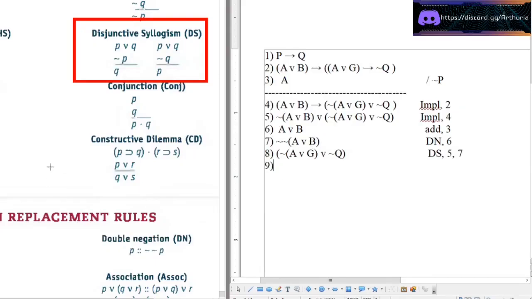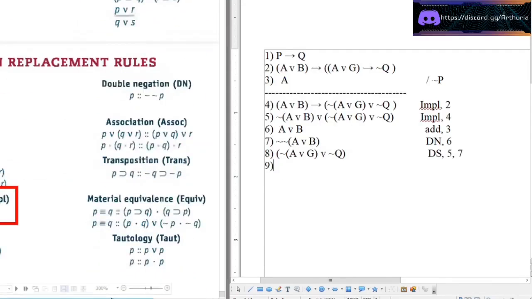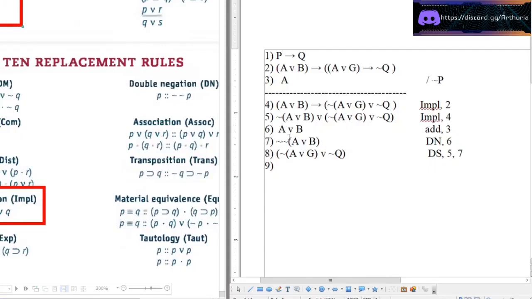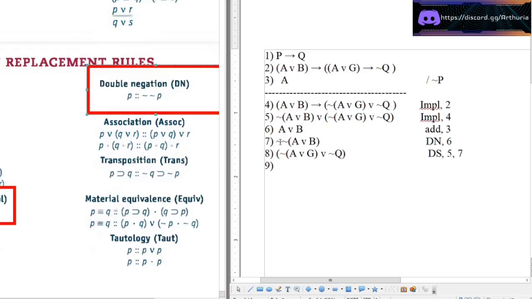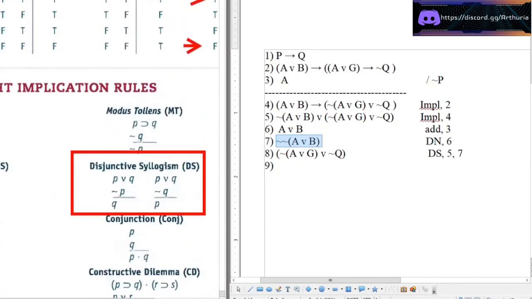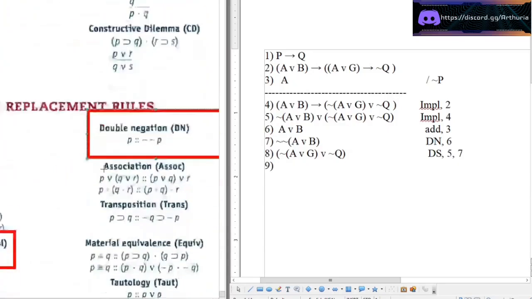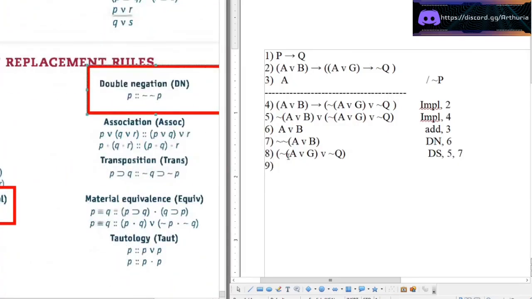But notice what we did, right? We used the replacement rules. We used the double negation replacement rule to build this guy, which we then used one of our implication rules with. And that's usually the pattern that I've seen, is you use the replacement rules to get somewhere else.